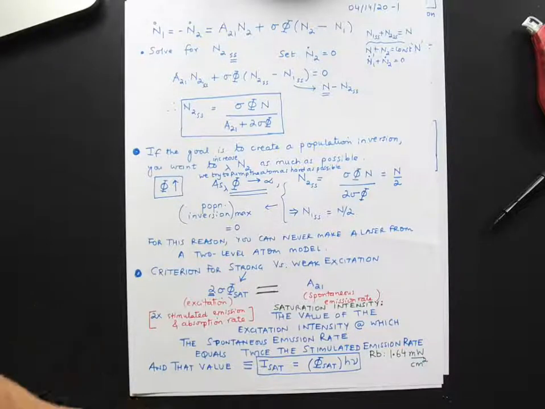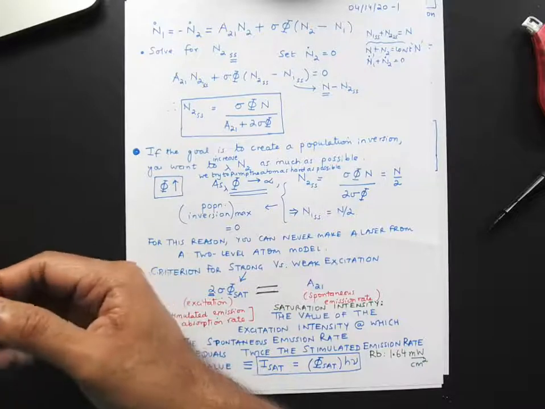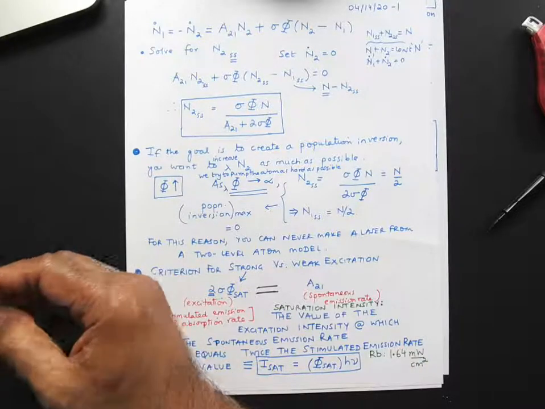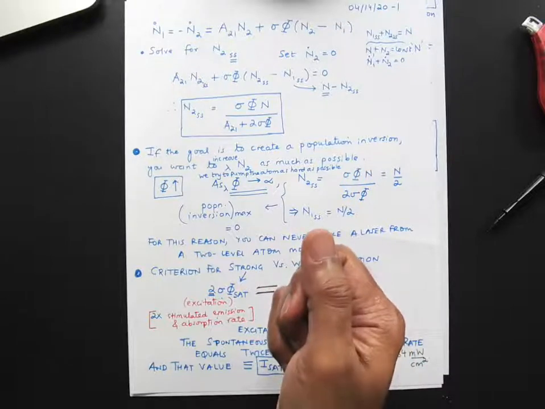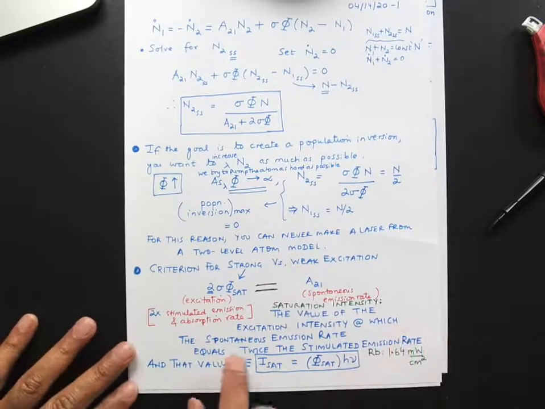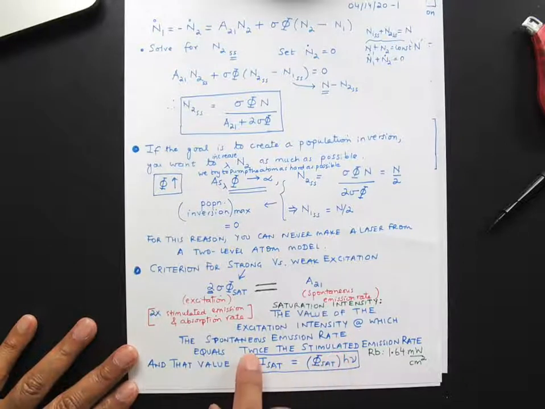So every time it falls back to the ground state due to a spontaneous emission, there should be another photon ready and waiting for it to absorb. And that's, of course, given by this equation to within a factor 2.